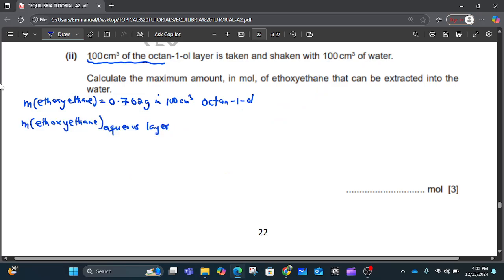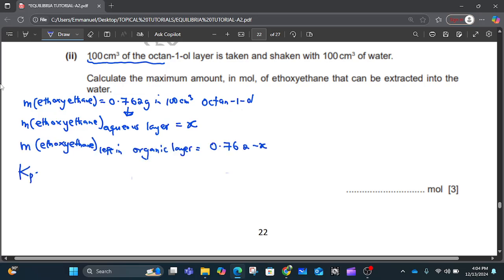And since we don't know the mass of the ethoxyethane that would dissolve in the aqueous layer, we can say let that mass be X. So if the mass dissolves in the aqueous layer, then the mass that will be left in the organic layer will be 0.762 grams minus X.